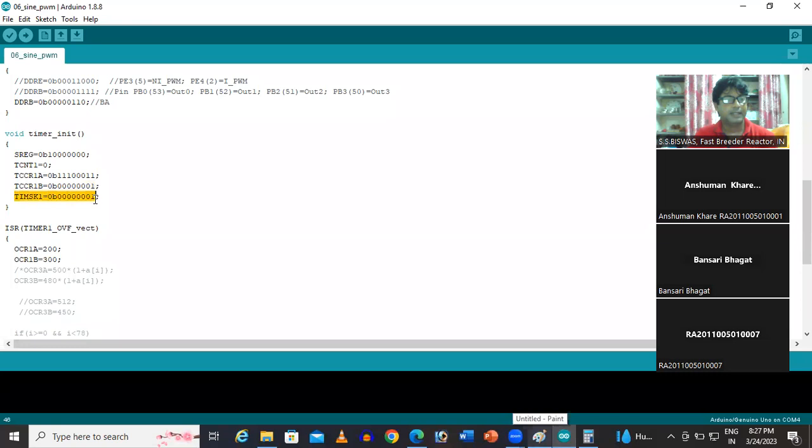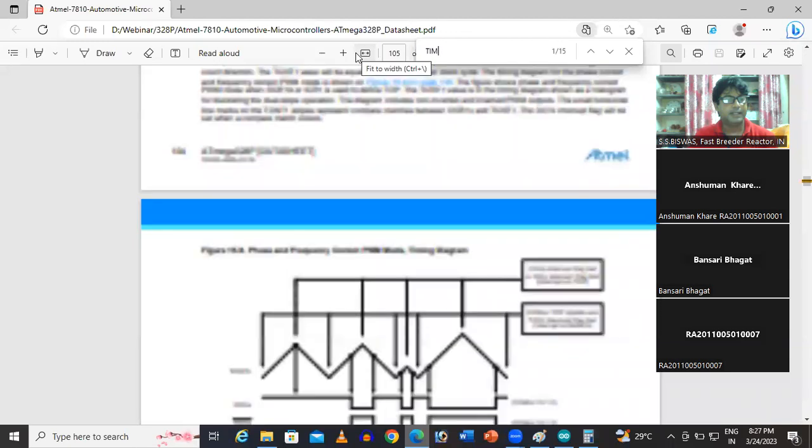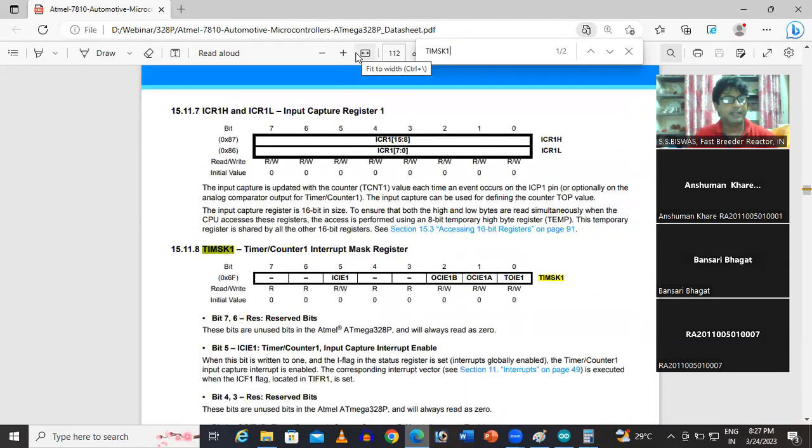Now another register I have used, this TIMSK1, and the 0th bit I have set as 1. So let us see why I have done this. You see, this is the TOIE. What is that bit?